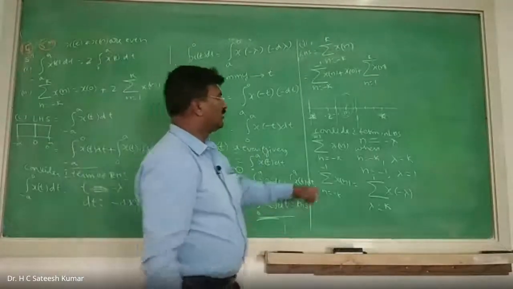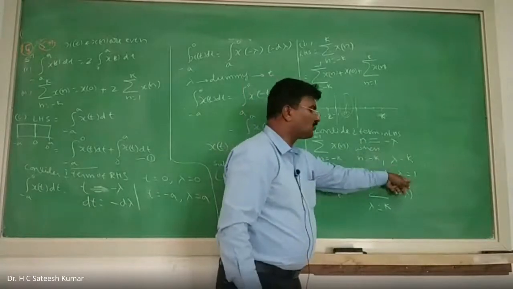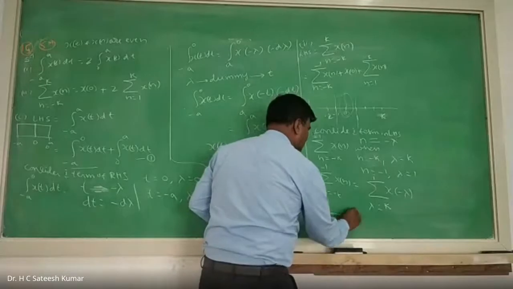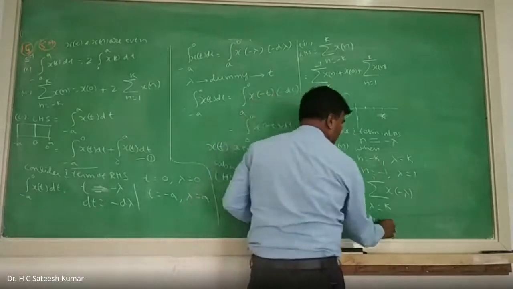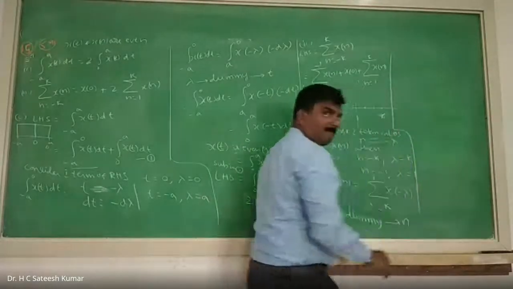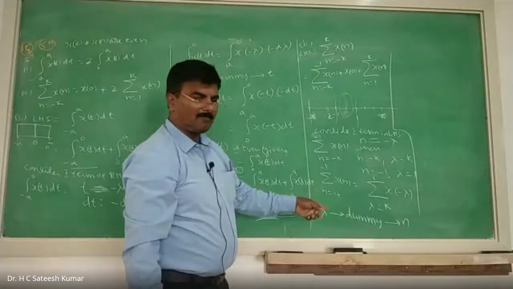See that when n varies from minus k to minus 1, lambda ranges from k to 1. Once again, lambda is a dummy variable. Replace it by n.